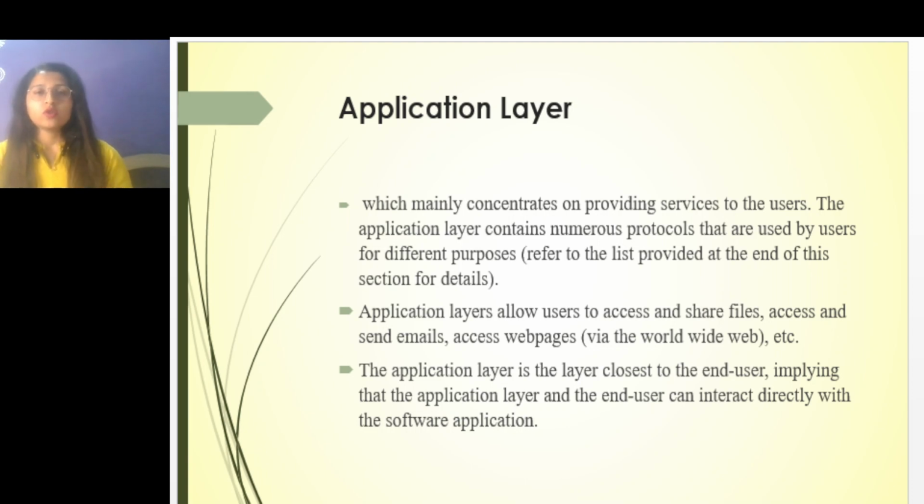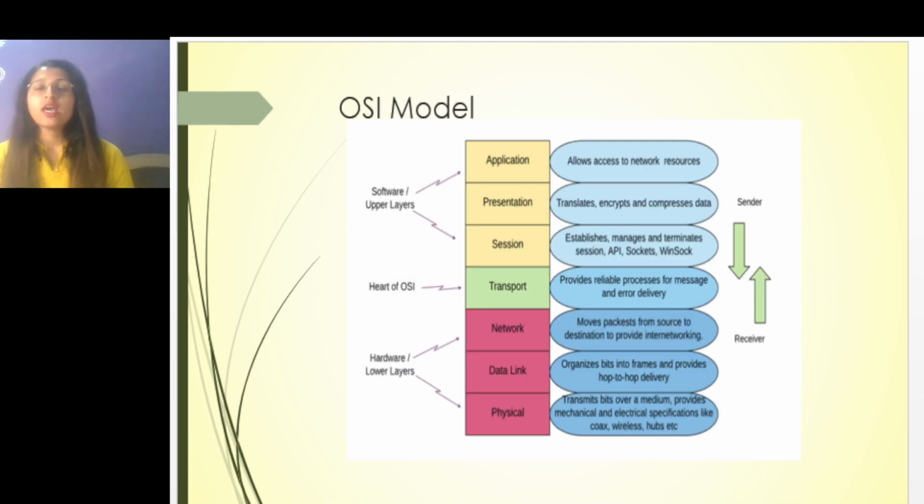So you have to remember and understand the function of the application layer, the function of the presentation layer, the function of the session layer, and each and every layer, so that you understand the concept of the OSI model. I hope that you have understood the various layers and their functions.